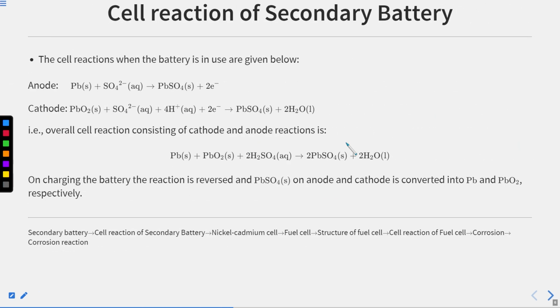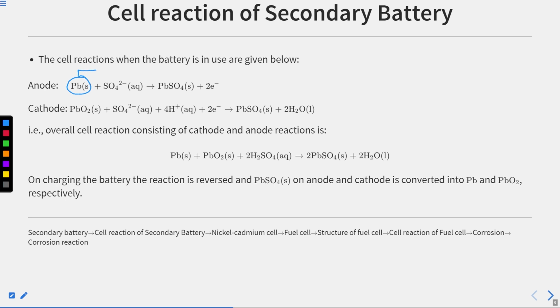Next, cell reaction. What does the cell reaction look like in this lead acid battery? We have our Pb solid as our anode, right? Since it is present at the anode, it will undergo oxidation. How will it undergo oxidation? It will lose 2 electrons.